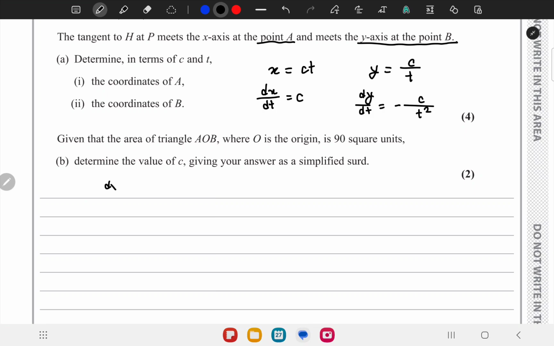Therefore dy by dx is dy by dt divided by dx by dt, which gives minus c by t square divided by c. The c's cancel out and we're left with minus 1 by t square.